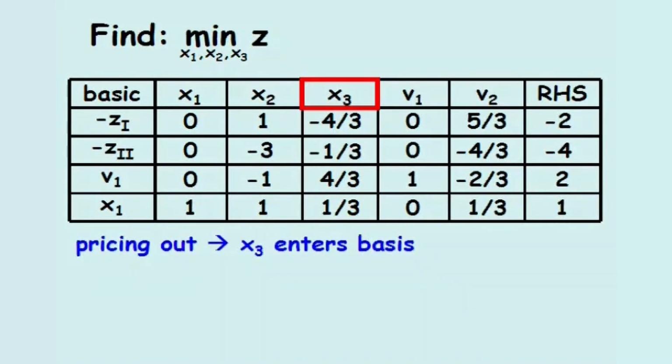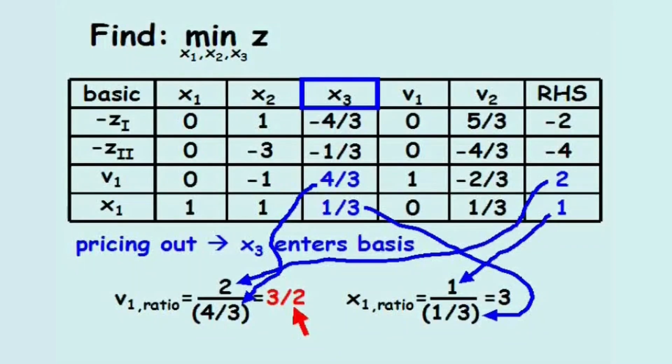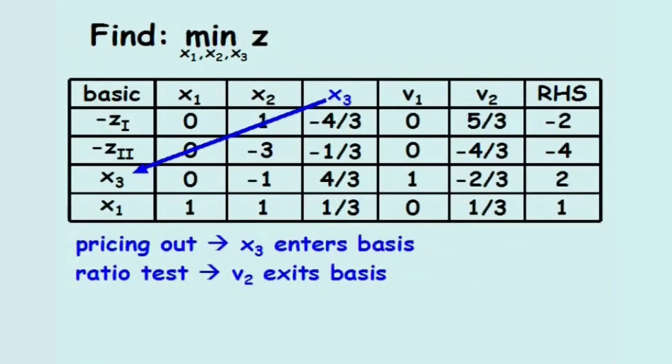From the ratio test, we notice that 3/2 is a smaller positive number than 3, and therefore, artificial variable v1 will exit the basis. Next, we'll perform a pivot operation to convert the tableau into canonical form.